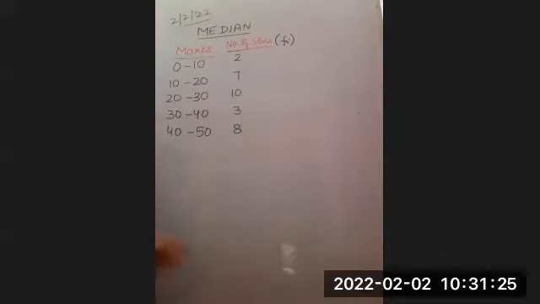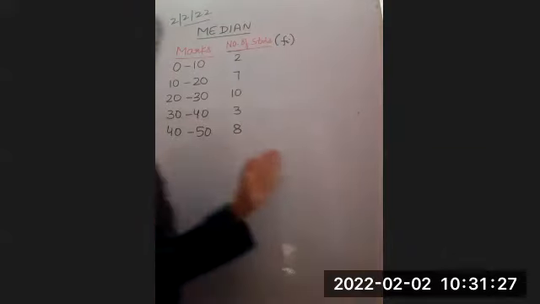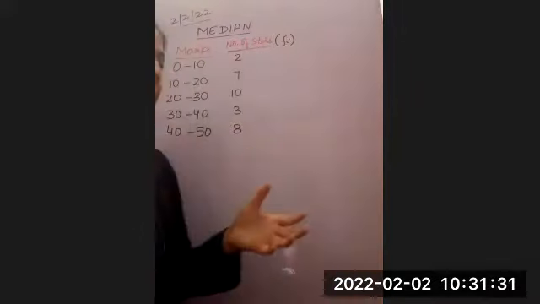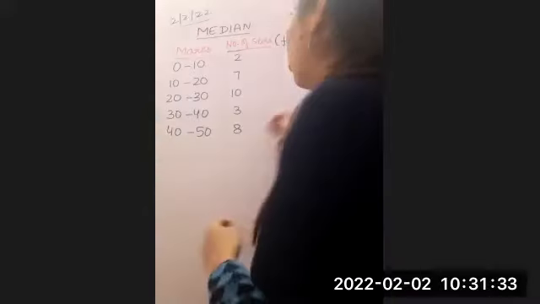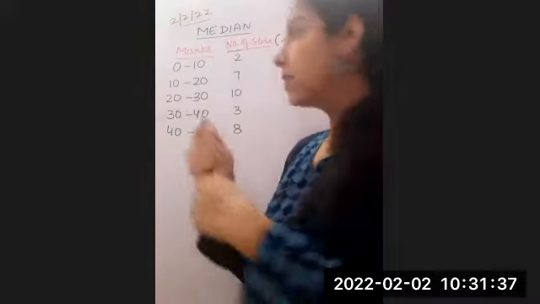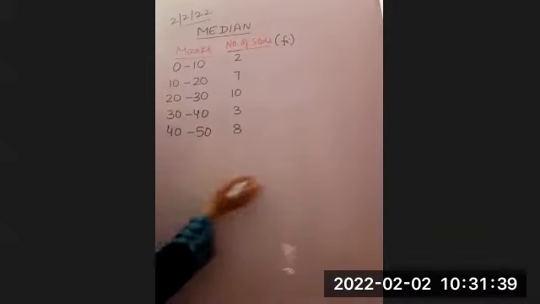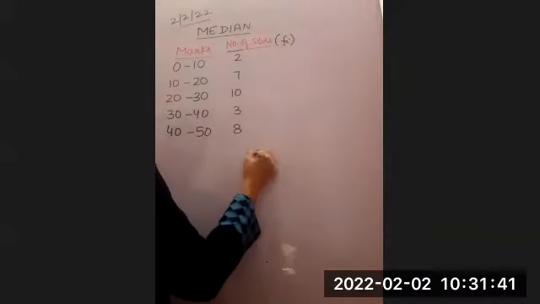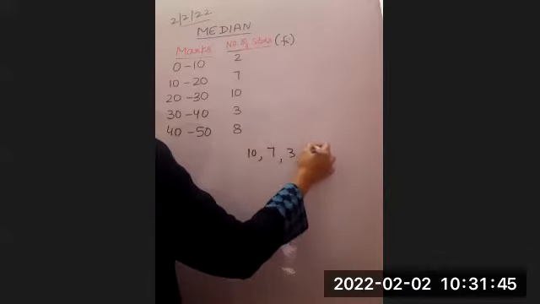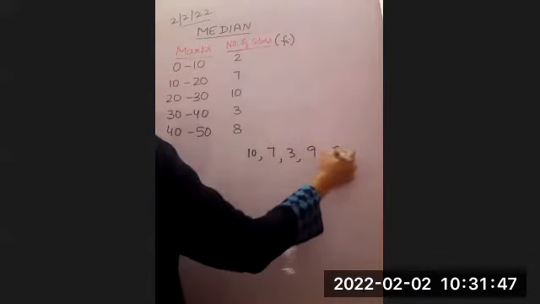Now see, I will first recapitulate the method of finding median for ungrouped data. We all have done that in class 9, right? Suppose I have got certain entries with me, let's say 10, 7, 3, 9, 6.